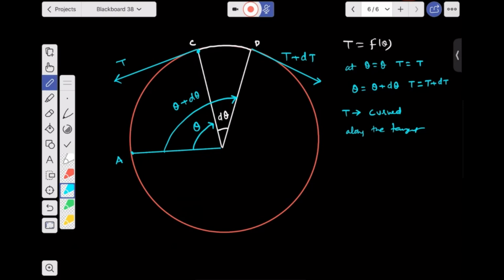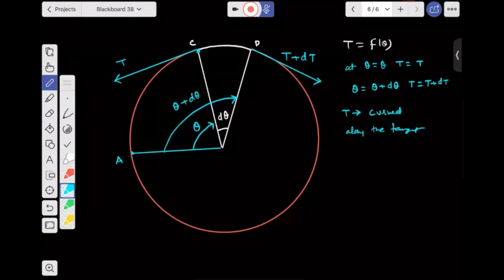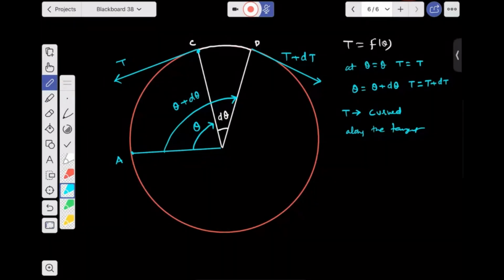If I take the component of this tension force in two directions, one radially inward and one along the tangential direction, the radially inward component of the tension will result in the normal contact force. Suppose you are tying a rubber band on your wrist. That rubber band has some tension, and components of the tension will act inward, which will push the skin of your wrist inwards, so you will have a normal contact force outward.